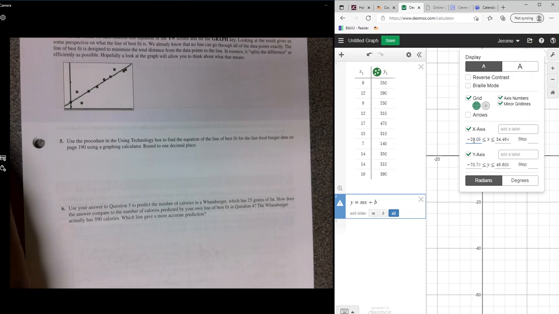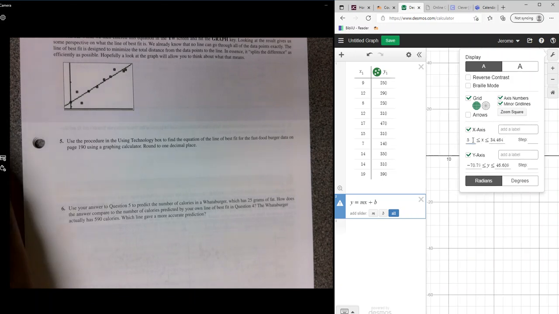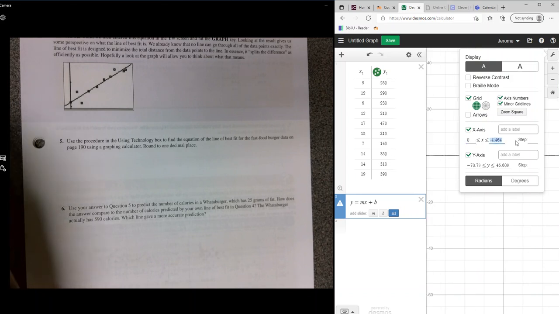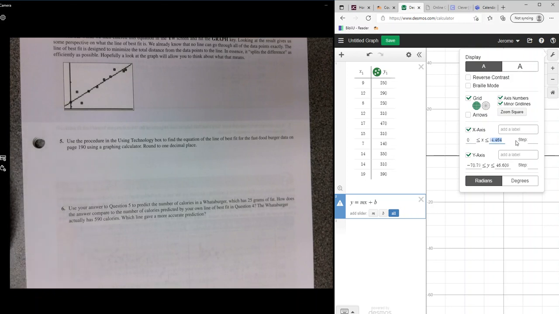So let me see. The lowest on the x-axis was like 7, so I make that 0. Then the highest on the x-axis, I think, was like about 19, so I make that 20.